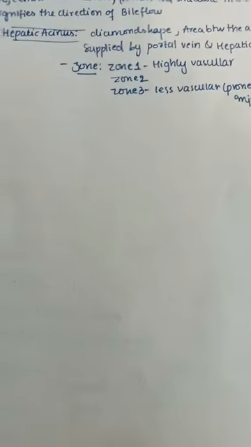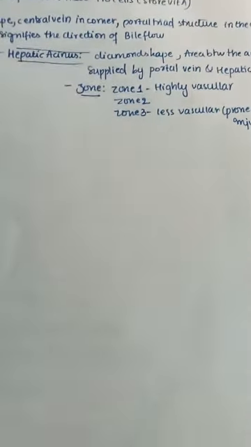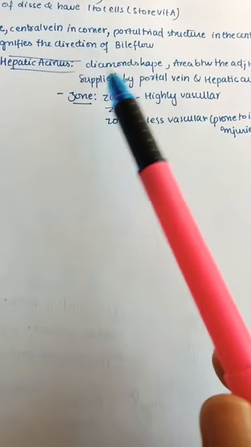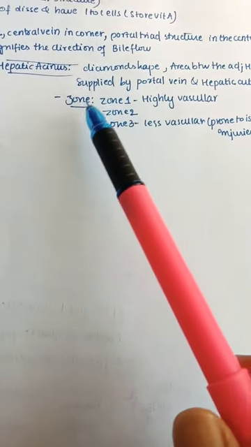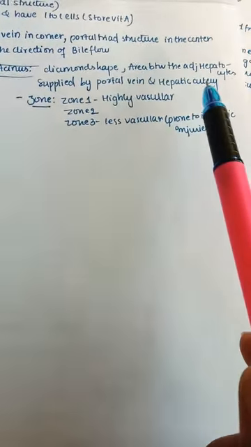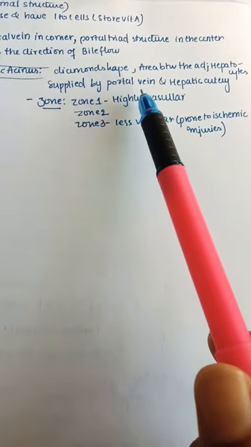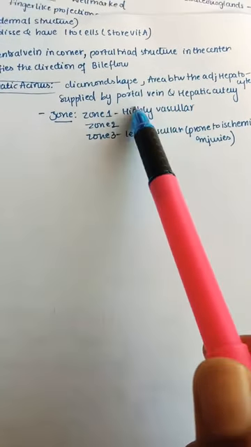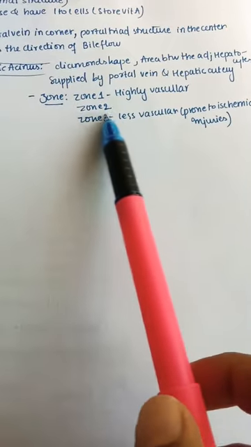And next, the hepatic acinus. It is diamond in shape. It lies between two adjacent hepatic lobules, and the area between them is supplied by the portal vein and also the hepatic artery. It is mainly divided into three zones: zone 1, zone 2, and zone 3.